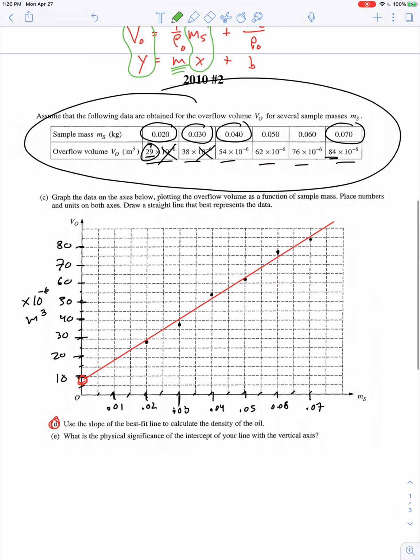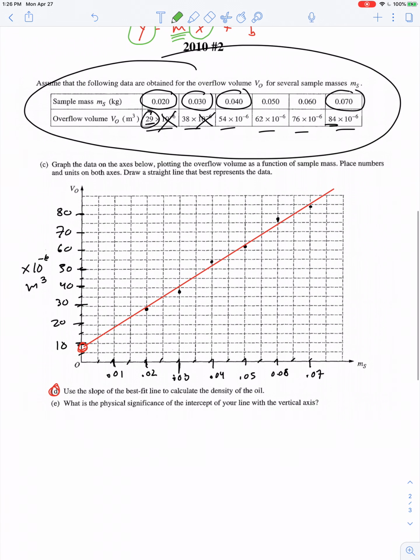So first of all, let's find the slope. We need to pick any 2 points on our line. I like this point. And what other point seems convenient? I also like this point. So that'll give me a pretty good estimate for the slope. Rise over run.